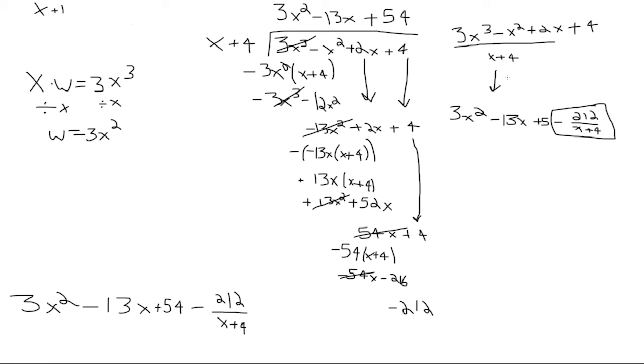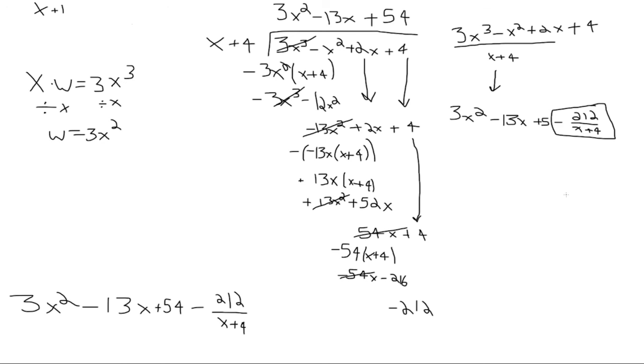So again, what we did was we had all of these terms inside our polynomial expression. We found out how many x plus 4s there were inside it, right? But we didn't find out how many x plus 4s there were total inside it. We only found out some of the x plus 4s that were inside it. Part of the number of x plus 4s that are inside it.